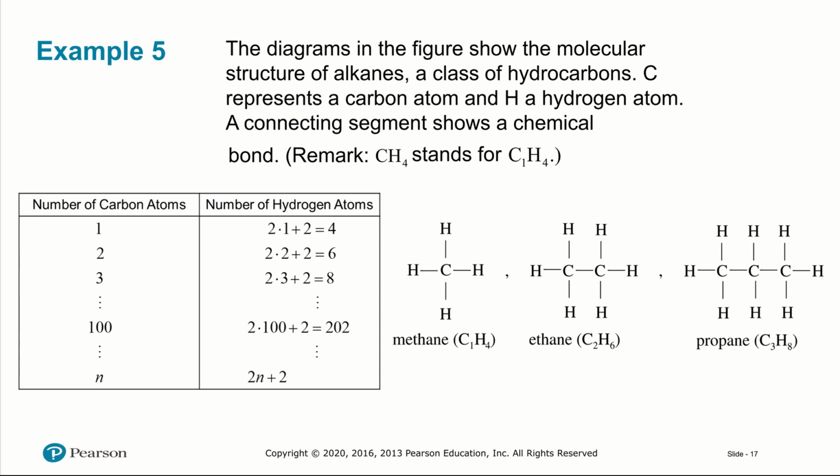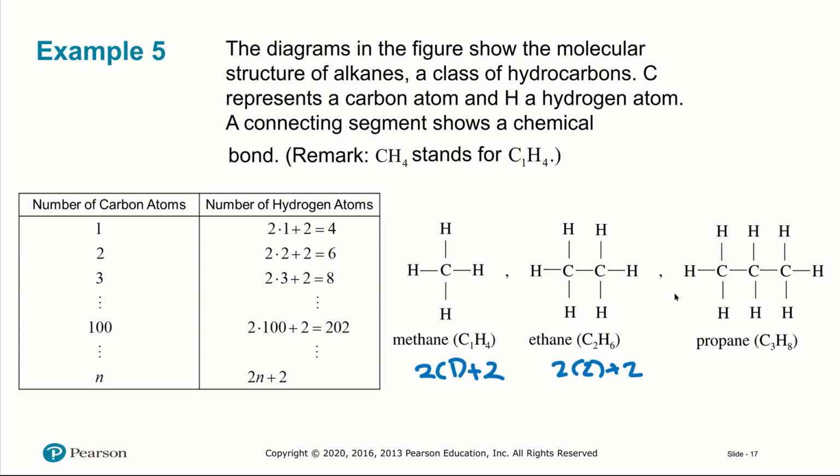So here for the first one, the number of hydrogen atoms is going to be 2 times the number of carbon atoms, and then add another 2. For the second one, notice the number of hydrogen atoms again is going to be 2 times the number of carbon atoms, and then add another 2.